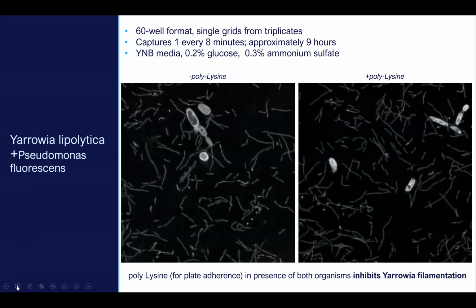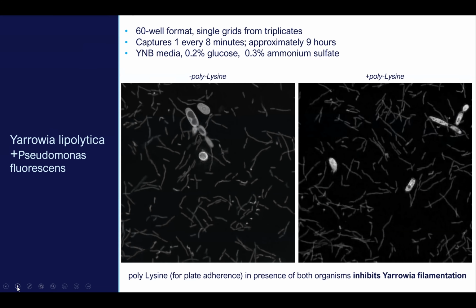This is another example where you can look at organism interactions or potentially interactions of different experimental conditions. In this case, I was attempting to compare whether a treatment of the dish that I was using would affect the interaction of the species I was looking at. I was using polylysine in order to stick the cells to the bottom of the dish, and it did seem to have an effect.